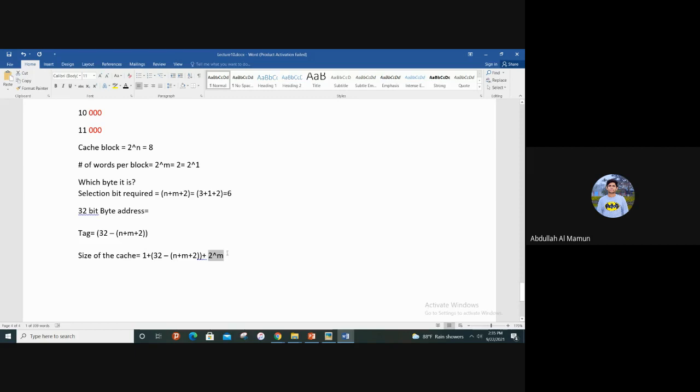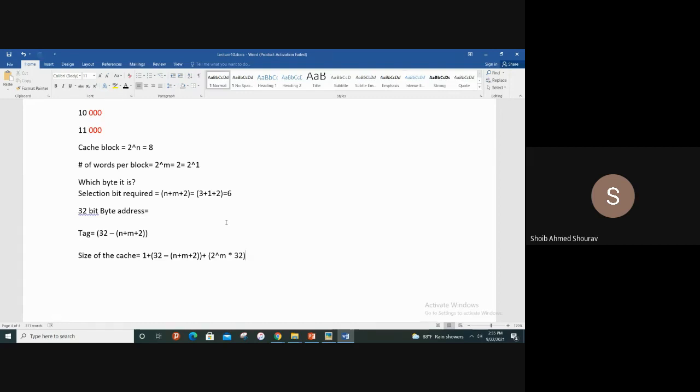Yes, sir. And if I can remember, this is 2 to the power m, we are adding the data size in here, okay? So 2 to the power m is the number of words. If we multiply this with 32, we are going to get the total size in number of bits, because one word is equal to 32 bits.